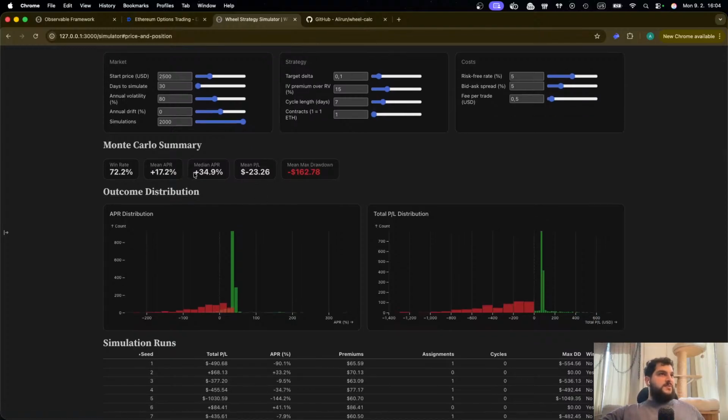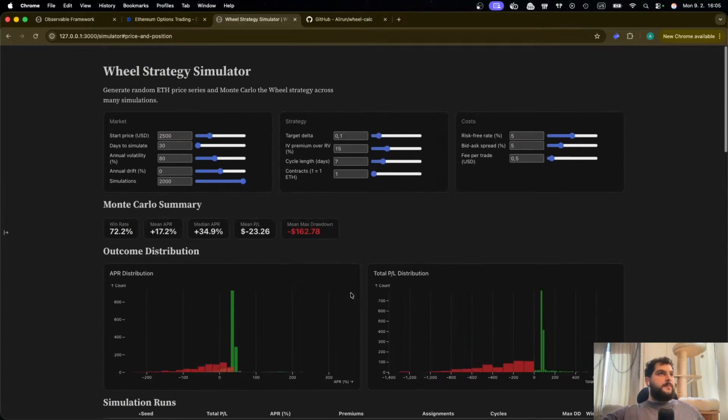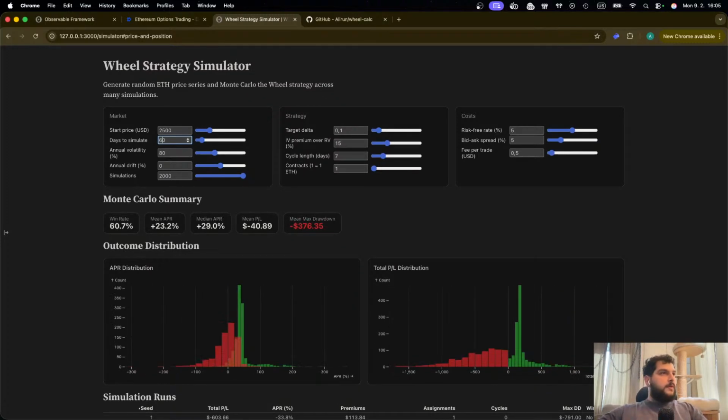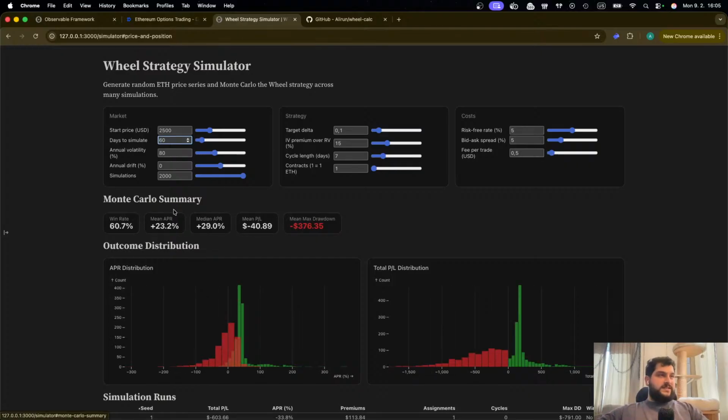So you can see the mean and the median. If we run it 2 times longer, for 2 months instead of one, then the win rate drops significantly from 72% to 60%.